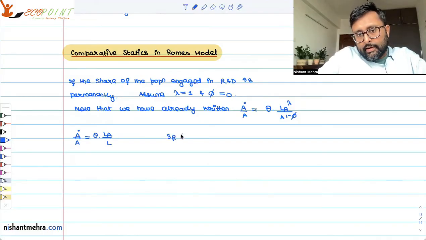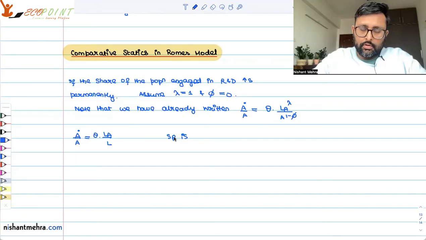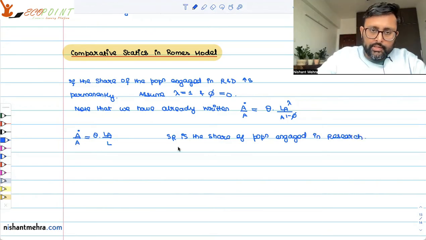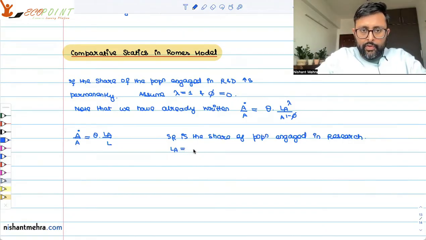So if SR is the share of the population engaged in research, then LA is the population engaged in research, that is SR times the total labor force L. Let's say 25% of people are engaged in research.